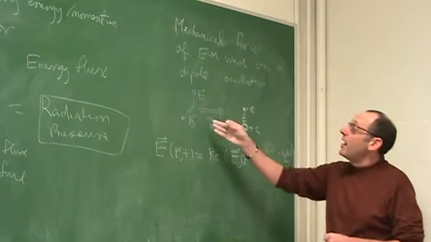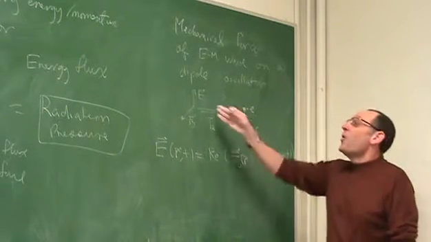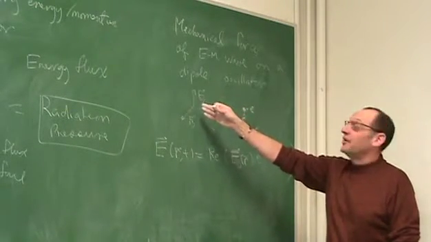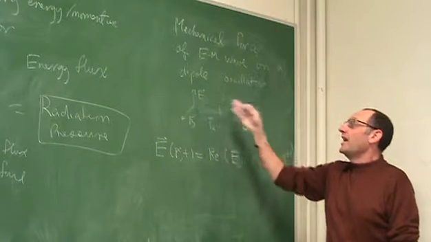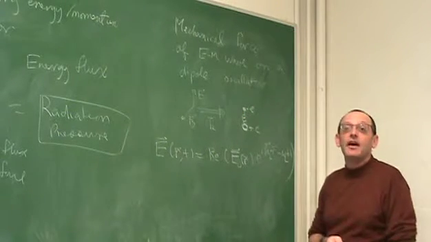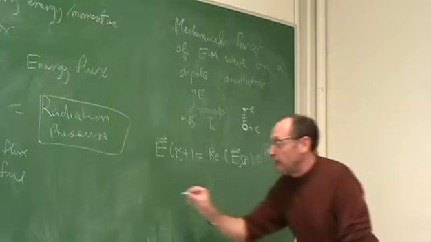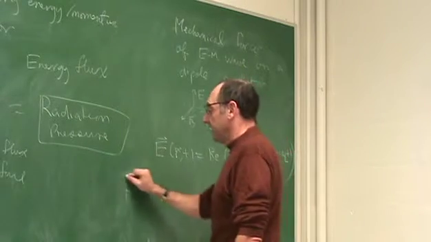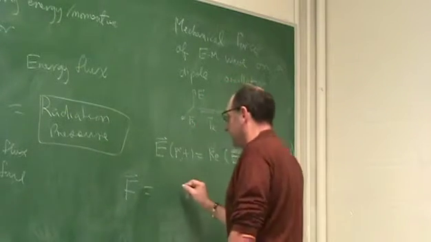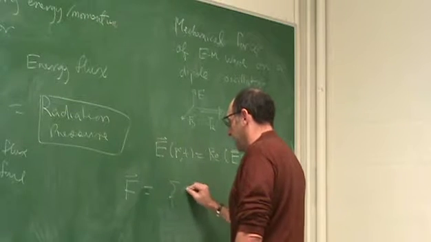So let's think about, just classically, what is the force exerted by this wave on this set of bound charges? Well, the force is this, I've got the Lorentz force.